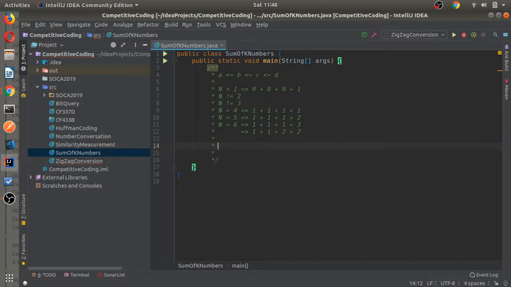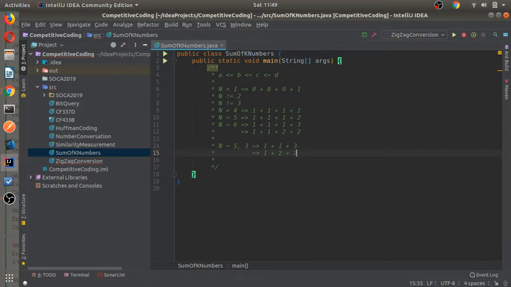So if I have n is equal to 5 and represent this as 3 numbers, it's going to be 1 1 3, and the other way is going to be 1 2 2.